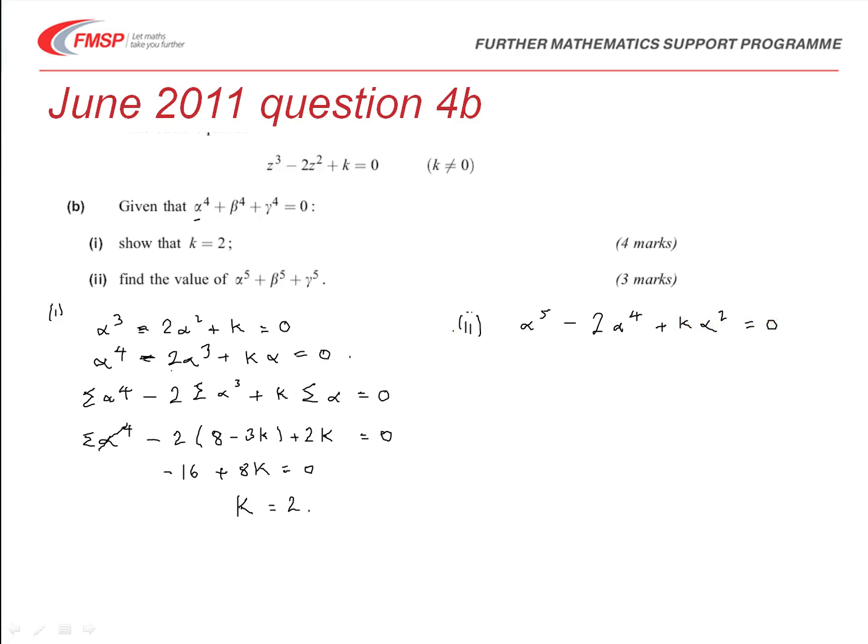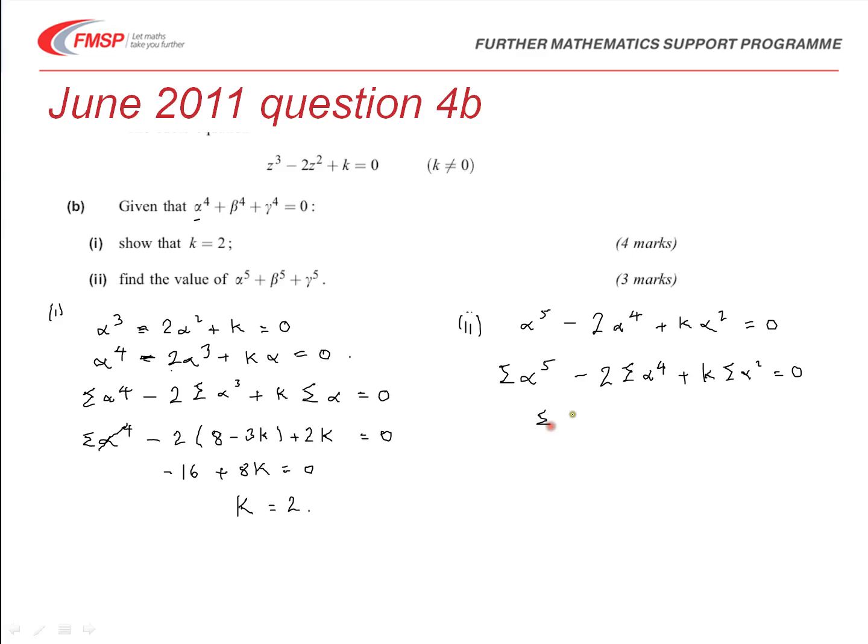And we can repeat that for beta and gamma. So when we then add those together, we get the sum of the alpha to the 5s minus twice the sum of the alphas to the power of 4 plus k lots of the sum of the alpha squareds equals 0. Well, what do I know about alpha to the power of 4?